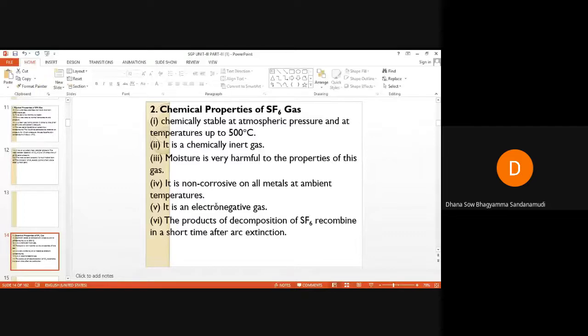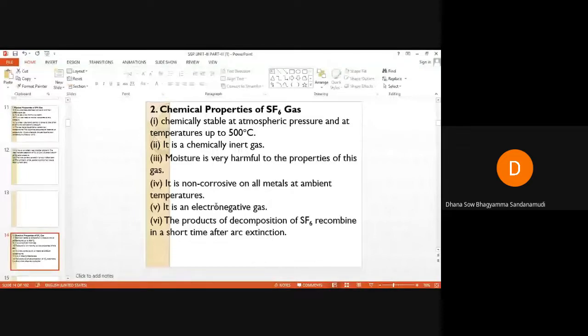Because it is chemically inert, it has exceptionally low reactivity and does not attack metals, glass or plastics.